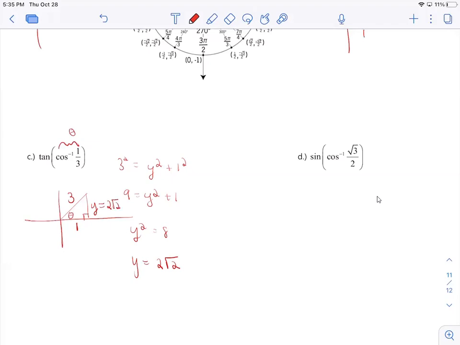So tangent of this triangle is opposite over adjacent. So we end up getting just 2 root 2. So you can always use that method, or, like D, that's actually going to be on the unit circle. So maybe the unit circle makes it a little quicker.